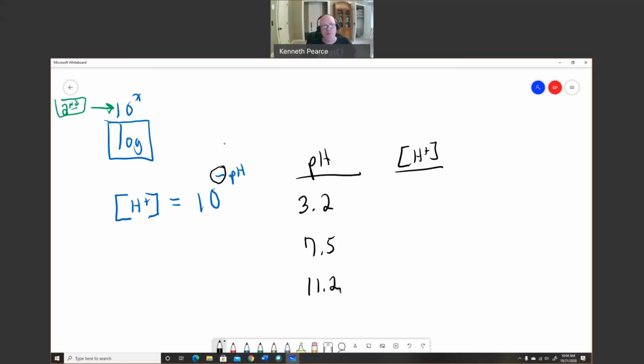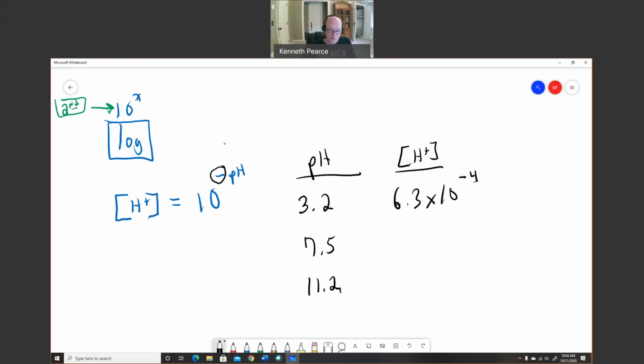So I'm going to go ahead and put this in my calculator. I'm going to say second, find my LOG key so I can get to the 10. Then I'm going to enter special minus 3.2, close parentheses, and I get 6.3 times 10 to the minus fourth. Now, if you get something other than a negative exponent, that usually means you left off the minus sign.